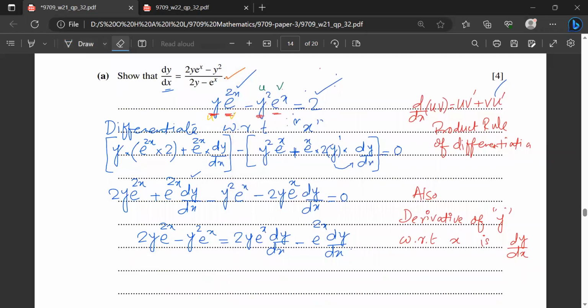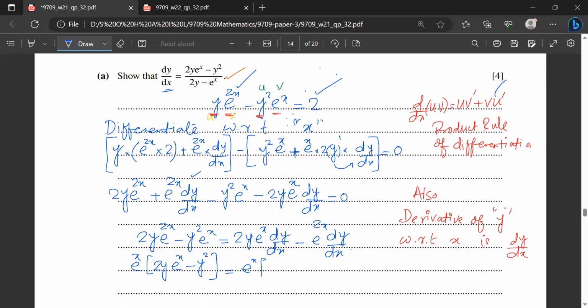So you'll have to look at the result. What is the requirement? So take e power x common here, then inside the bracket there is 2y e power 2x and e power x is common, e power x minus y square. On the right, e power x is common, also dy over dx is common.